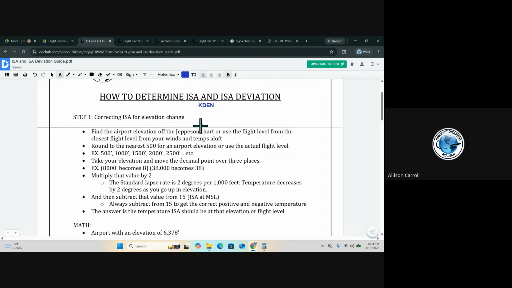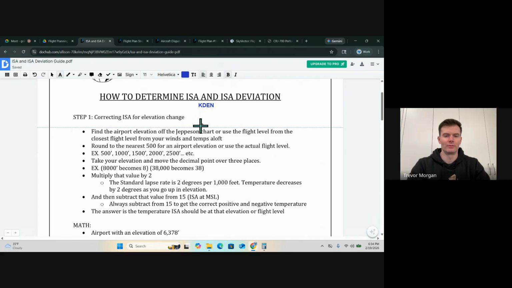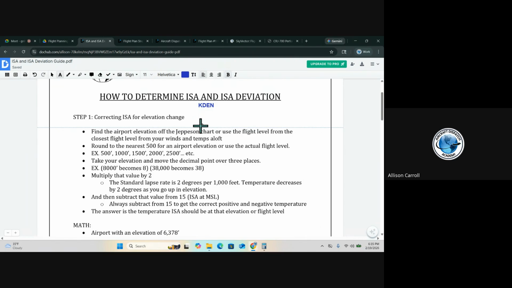Remember, who remembers what ISA stands for? ISA, what does ISA stand for? I can't see your hand, so somebody just talk. International Standard Atmosphere. Perfect. All right, now what is ISA at sea level?